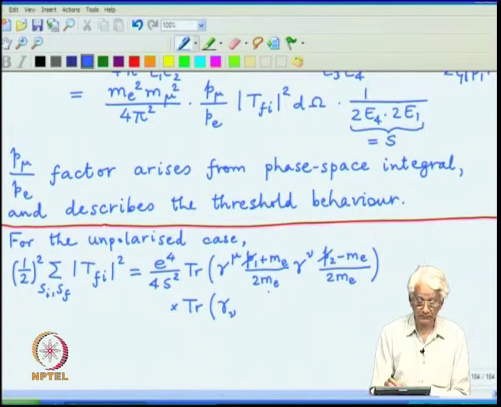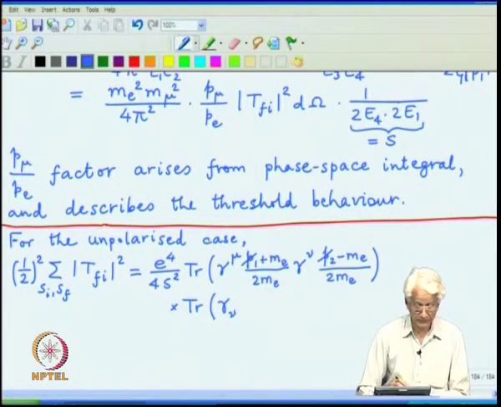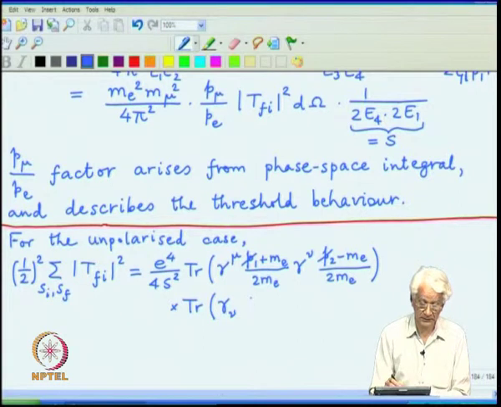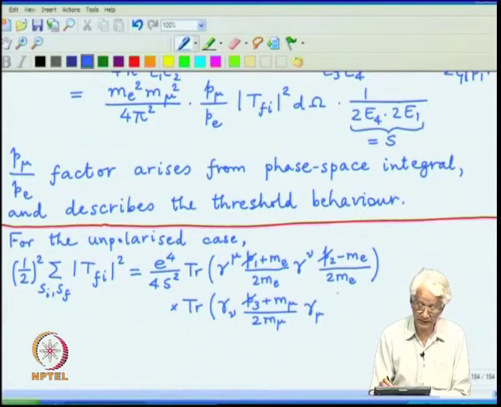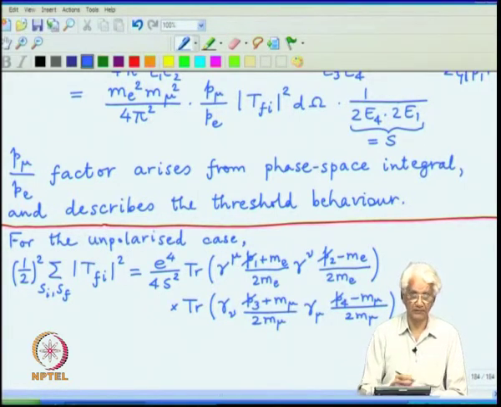Here the muon is counted as a wave function for v and mu in the final state, but the muon has a wave function u bar, while the electron had a wave function u, and for that reason the projection operators are in different locations, and the corresponding factor looks almost the same, except that the indices mu and nu are interchanged. And this is the complete expression for the unpolarized case.